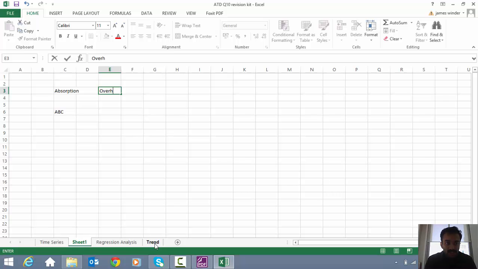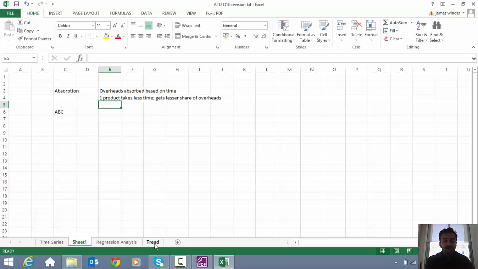Under absorption costing, if I'm working out the cost of a product, the costs are absorbed based on time, which therefore means if one product takes less time to produce, or less machine time, it gets a lesser share of rent, electricity, heating, lighting, overheads. If a product takes more time, irrespective of resources consumed, you would give it a higher share of cost.